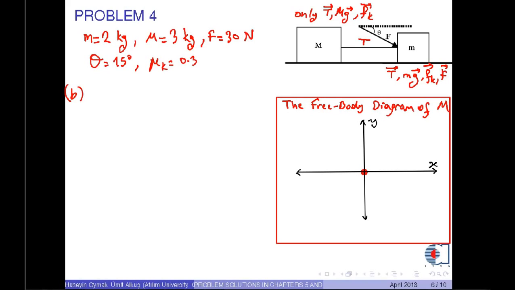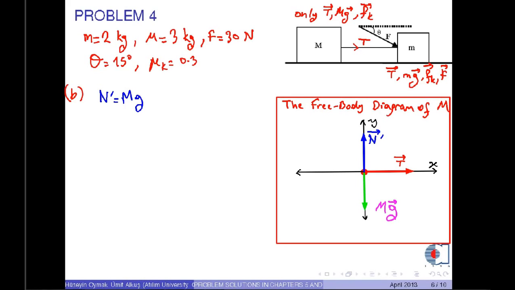The first external force is the gravitational force acting on capital M, which is gravitational acceleration vector g multiplied by capital M. The second external force is now the tension force to the right, and let's denote it by capital T. Normal force N prime is calculated to be capital M times g.